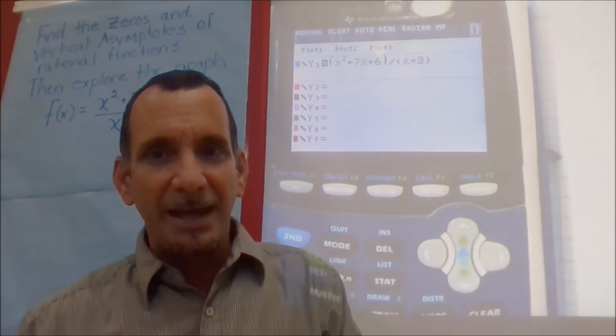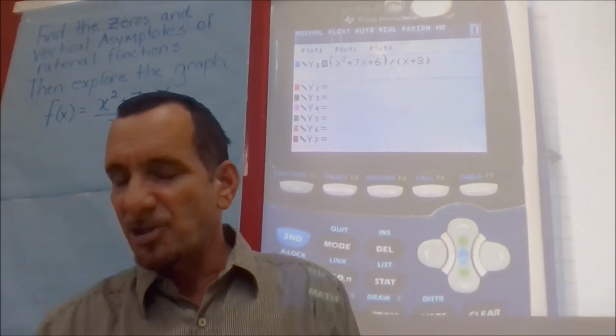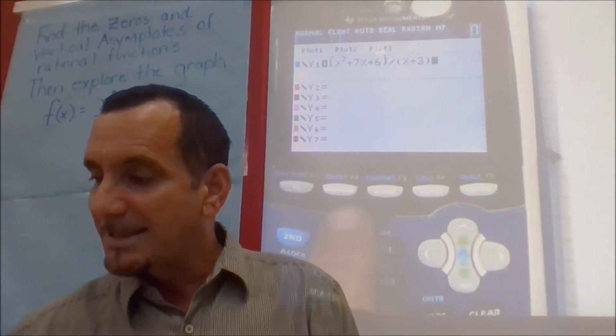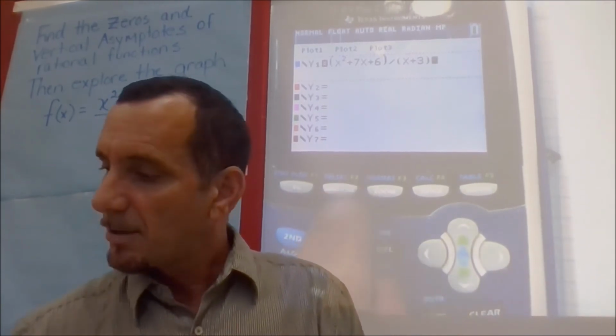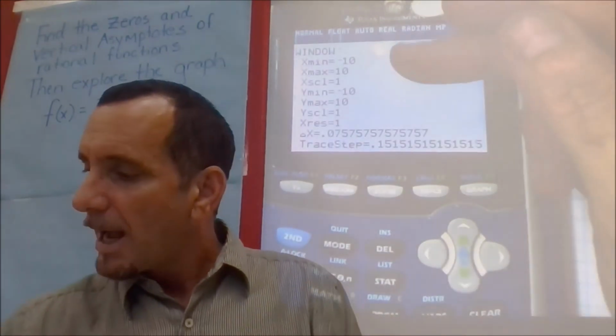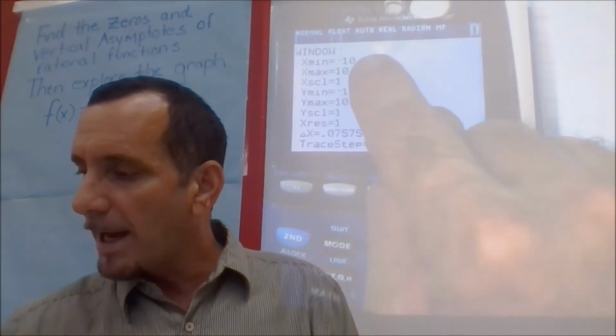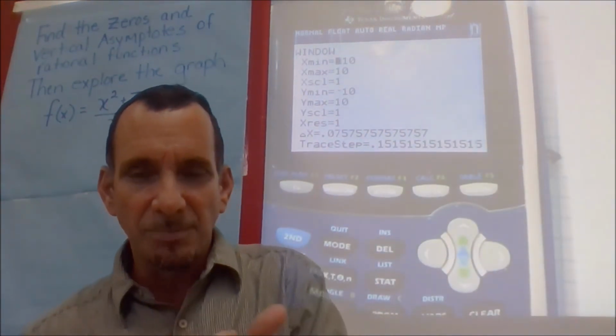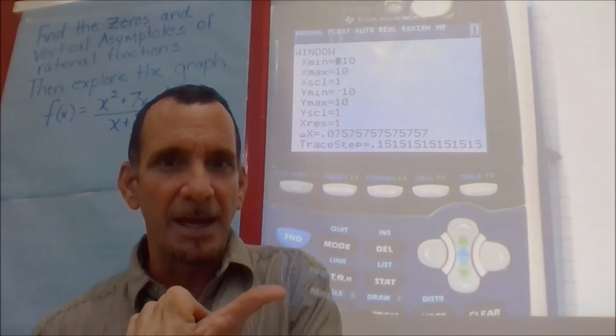But before I do that, I hate to press graph and then nothing shows up. And it's because I didn't check my window. So I'm going to check the window, and I'm going to make sure I have it under the settings already. My minimum x value is -10, so I'm going to go to -10 on the x-axis.